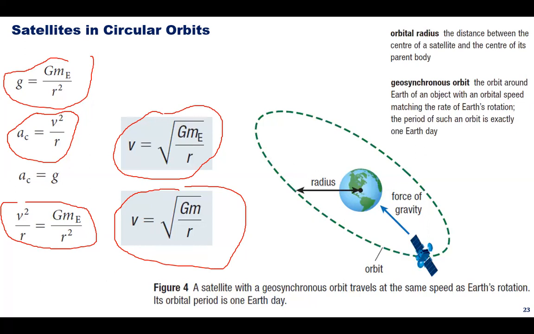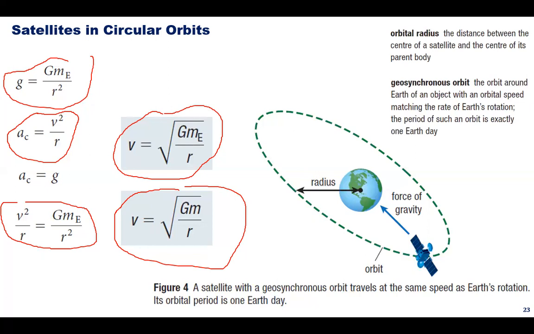The orbital period, represented by the symbol uppercase T, is the time it takes an object to complete one orbit around another object. A geosynchronous satellite's orbital speed leads to an orbital period that exactly matches Earth's rotational period.